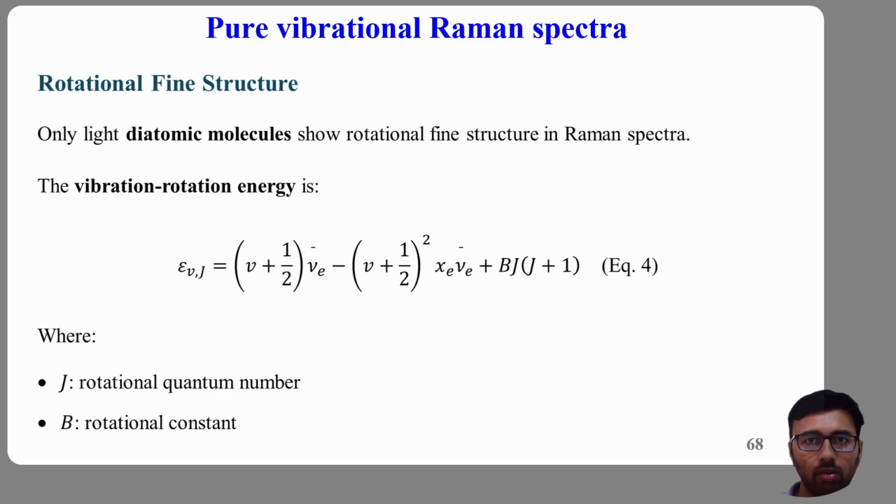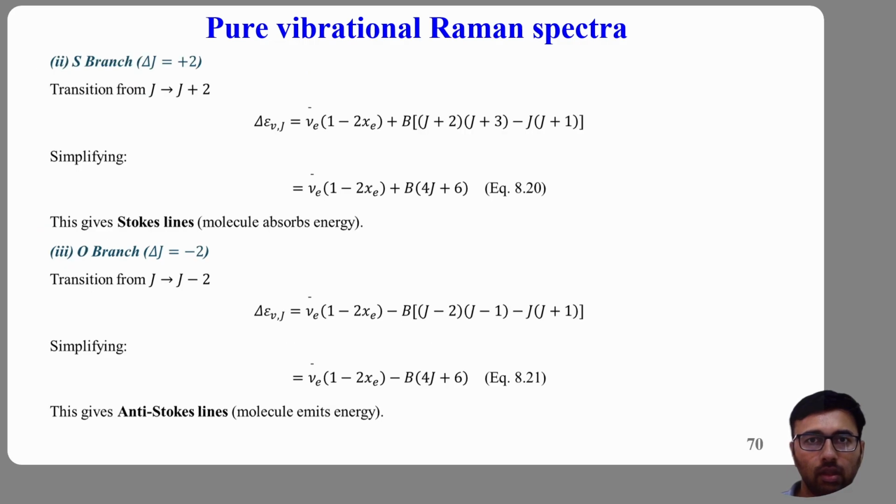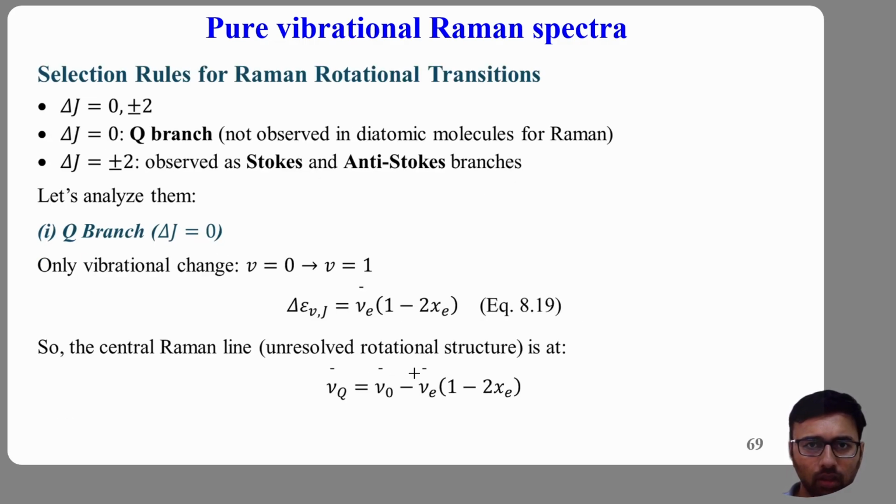The selection rules remain delta J equals 0, plus or minus 2, but now they occur simultaneously with the vibrational transitions.